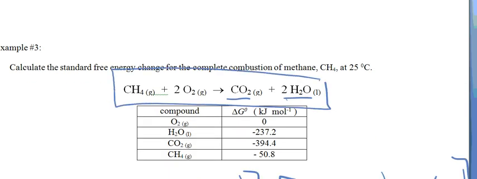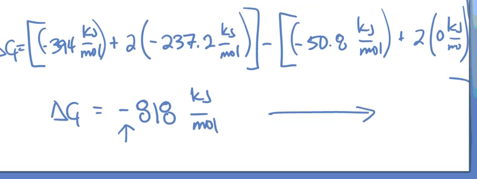So we would expect methane to react with oxygen to form carbon dioxide and water, because we know that does that. However, we would not expect carbon dioxide and water to shift in the reverse direction to form methane and oxygen. It will not happen. So again, delta G in this case here represents that it is spontaneous. In other words, a reaction will form carbon dioxide and water only in the forward direction.